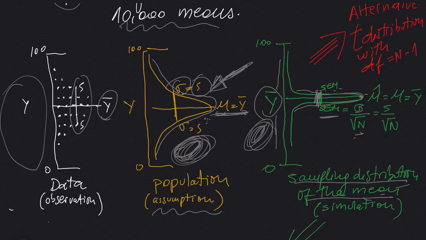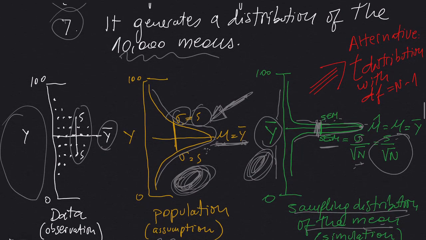And we estimate this using the standard deviation of our sample, like this. And I must say that we typically, instead of using the normal distribution, use the t distribution, with degrees of freedom n minus 1, so 29 in this case.